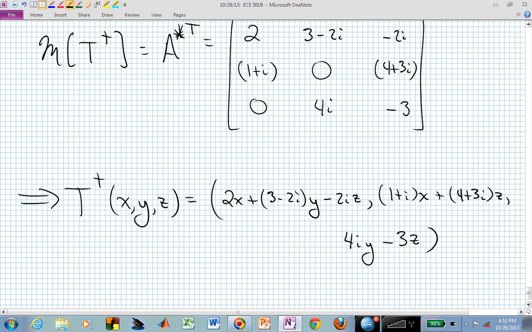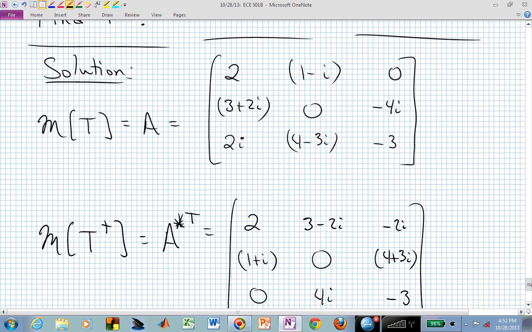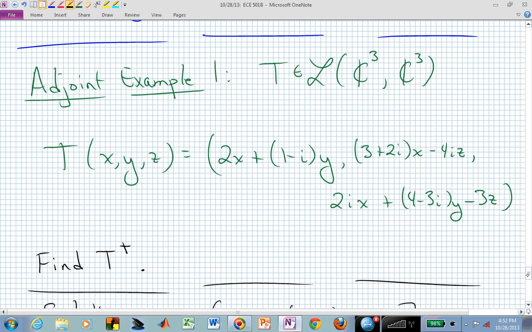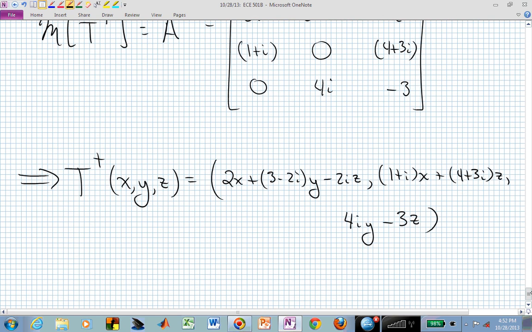And now, if somebody gave you this, said, here's my linear map, give me the adjoint, it might not be completely obvious that you would write that down. But now, with this process, it was somewhat straightforward. It's just turn the crank. Is that okay?